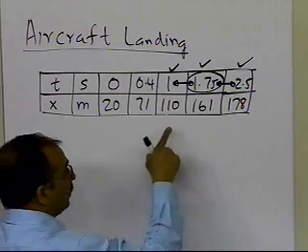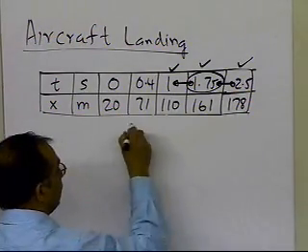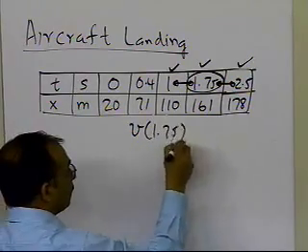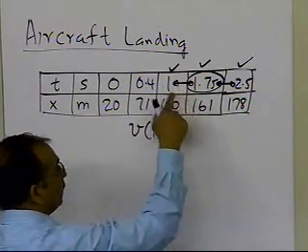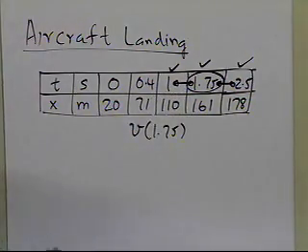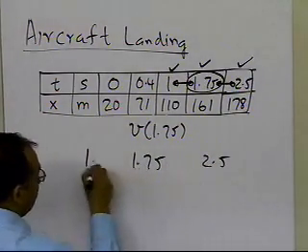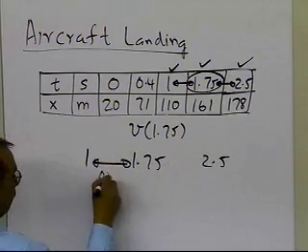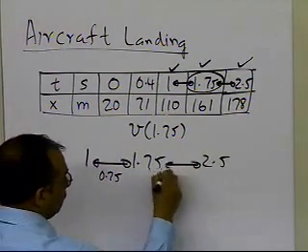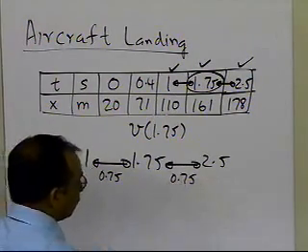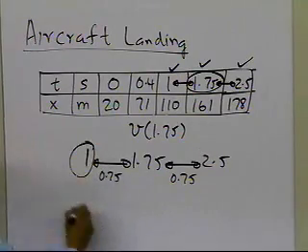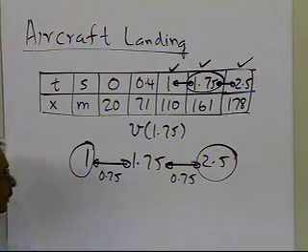So that's the only reason why I can use central divided difference scheme to calculate the velocity at 1.75, because the difference between the time behind, so this is 1, this is 1.75, and this is 2.5. The difference between the two is 0.75, and the difference between these two numbers for the time is 0.75. So I can take the velocity at 1 and the velocity at 2.5 and use the central divided difference scheme to calculate the value of the velocity at 1.75.